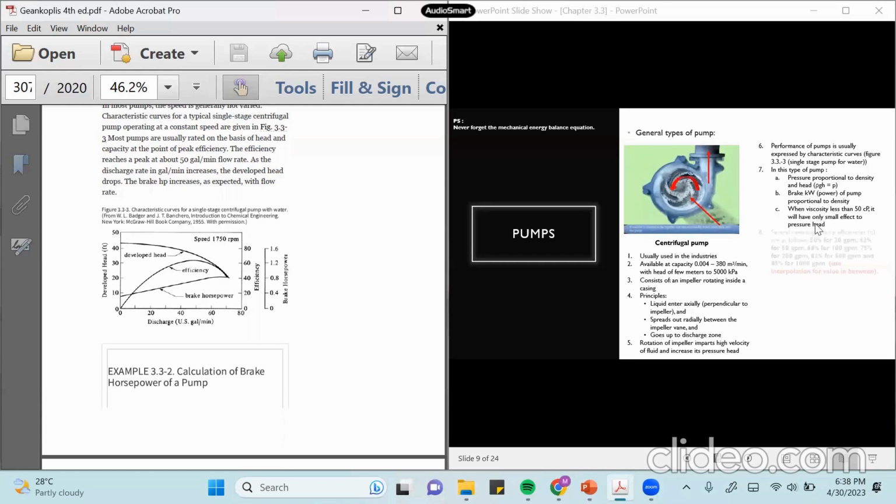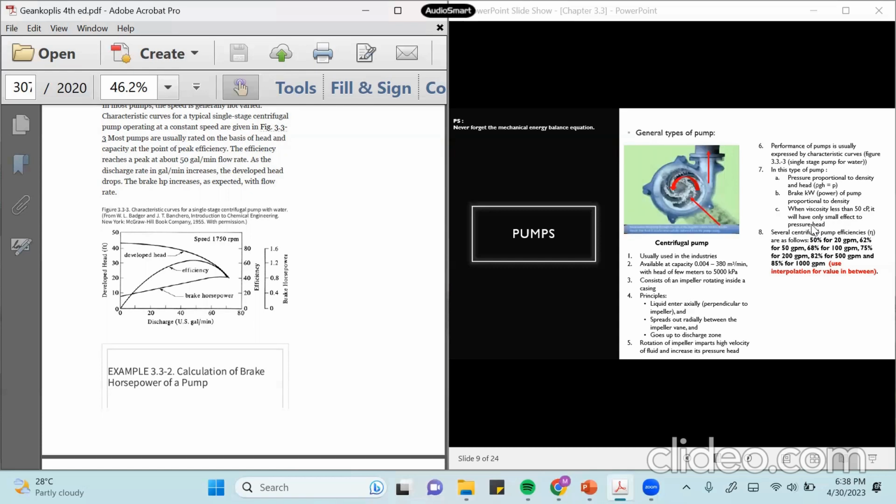Now, when viscosity is less than 50 centipoise, it will have only a small effect on pressure head. So if the fluid has a viscosity less than 50 centipoise, then the viscosity will not affect the pressure head.